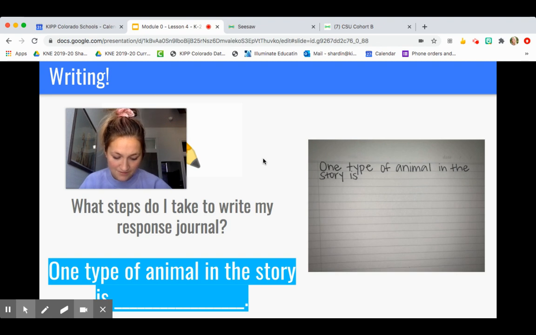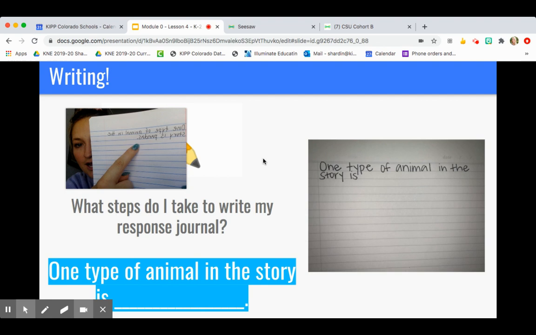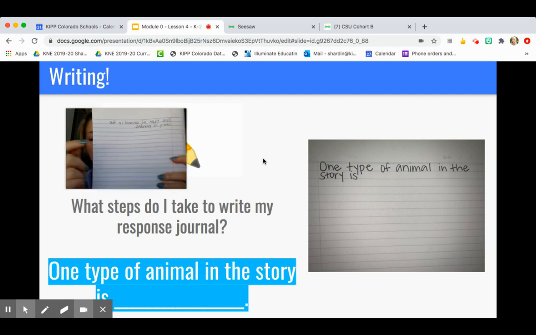Your job is to do your very best that you can with your spelling. If you don't spell it perfectly right, that's okay, as long as you're sounding it out and writing down the sounds that you can hear. Okay, one type of animal in the story is pandas. I'm going to add my period to the end of my sentence. That's that little dot that tells me that my sentence is over.